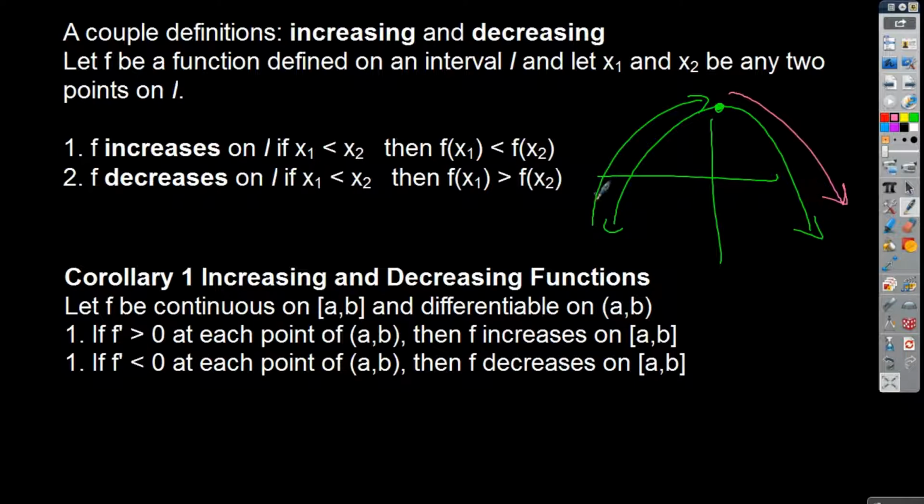It just says if I've got 2 points, x1 and x2, then f of x1 is less than f of x2 because it's going up. If I want to look at decreasing, we say we have points x1 and x2. f of x1 is now greater than f of x2 because it's higher.